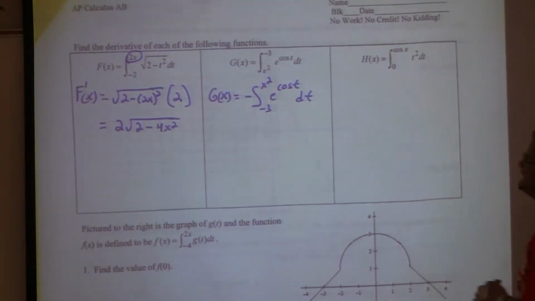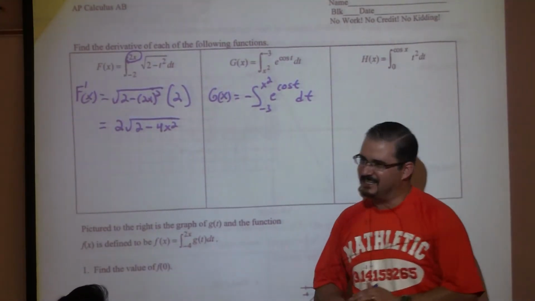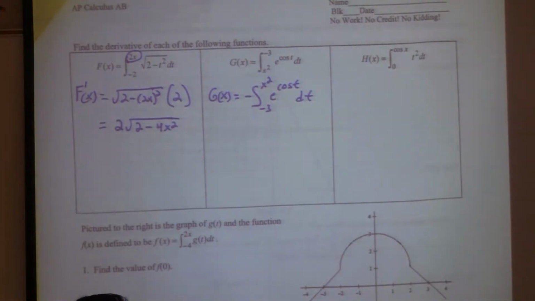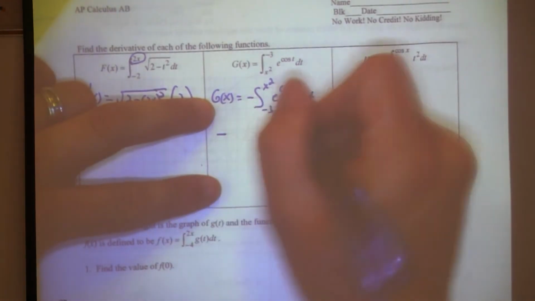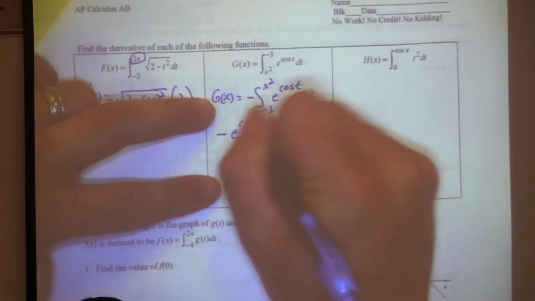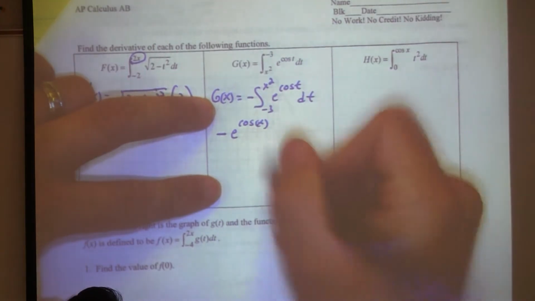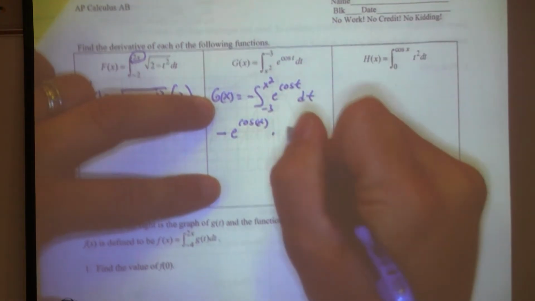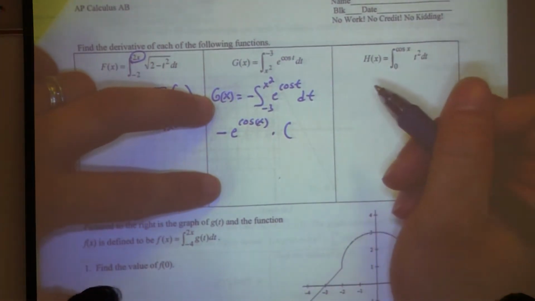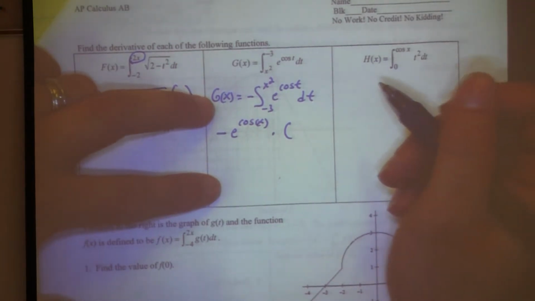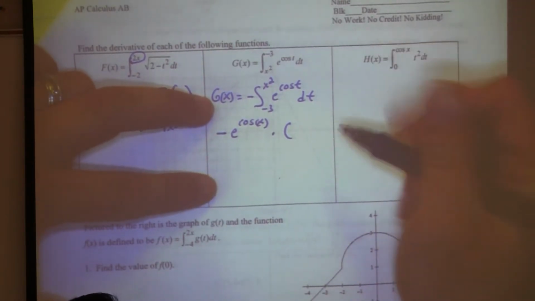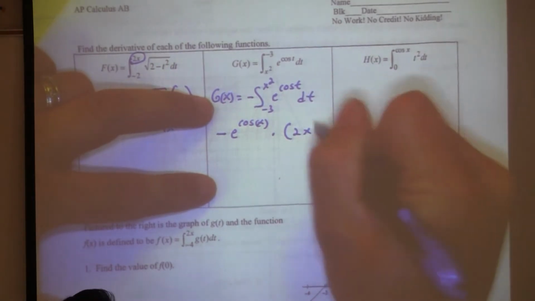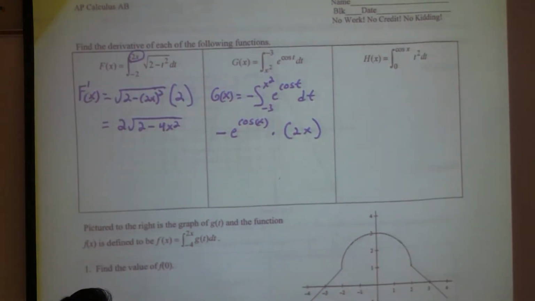So I'm negating the integral and I'm switching the limits. Cool? So now let's do it. Plug in the top one. So we're going to get negative e to the cosine of x times the derivative of that x squared. 2x? Okay. That's a tough one.